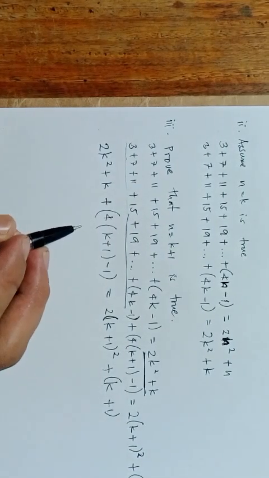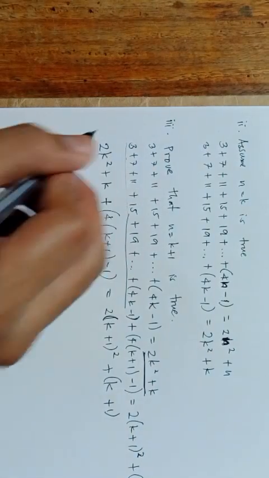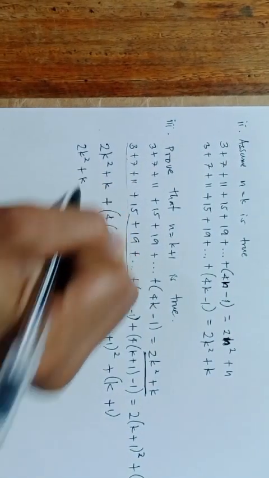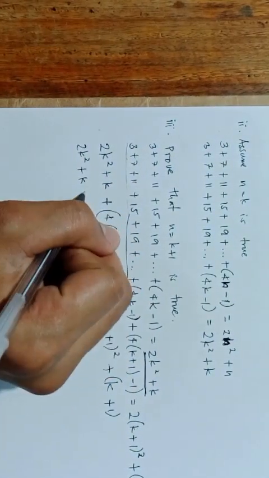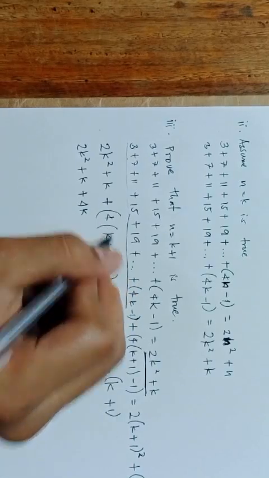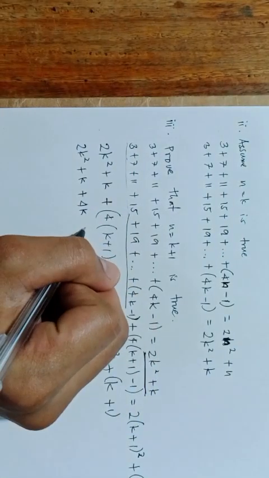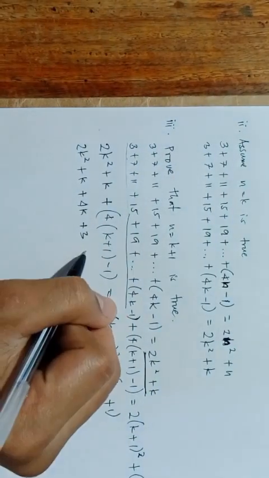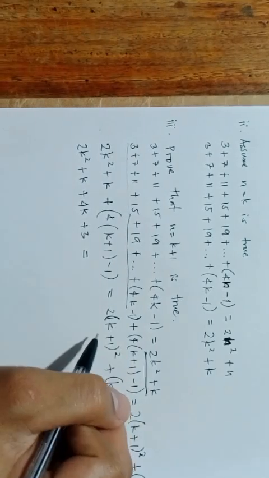Then let's combine the like terms or expand the expression. We have 2k squared plus k. 4 times k is 4k, 4 times 1 is 4, minus 1 is 3. So just positive 3. For the right side, we expand the binomial.